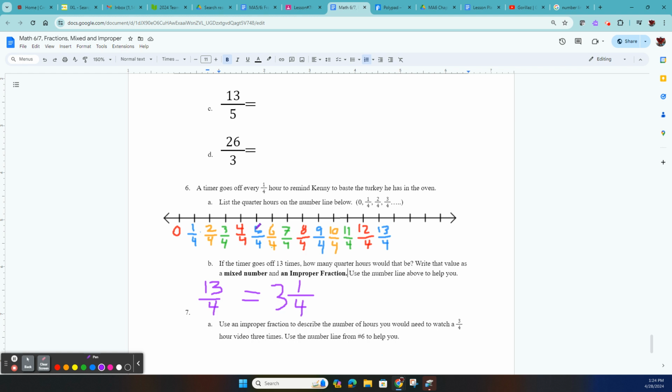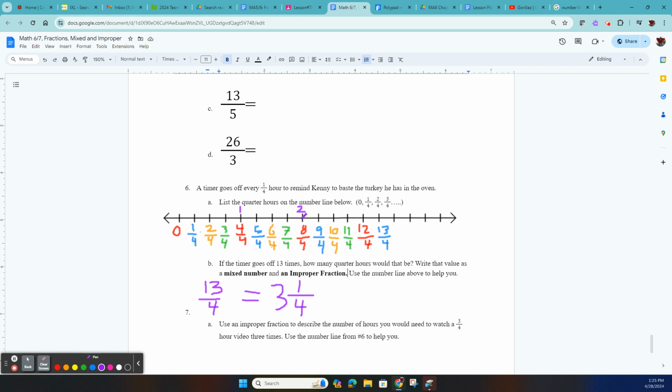I could do that. That's awesome. But this number line, we can use it to help us as well. And remember, anytime the numerator equals the denominator, so 4 over 4, that's equal to 1. You can also think of it as 4 divided by 4 is 1. Well, let's jump ahead another 4 quarter hours. 1, 2, 3, 4. So that's just like my second hour. And we can also prove that 8 divided by 4 is 2.